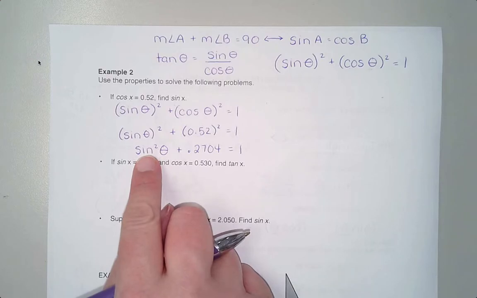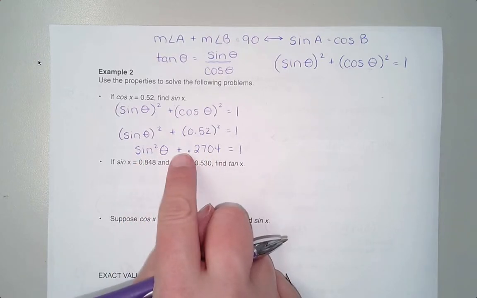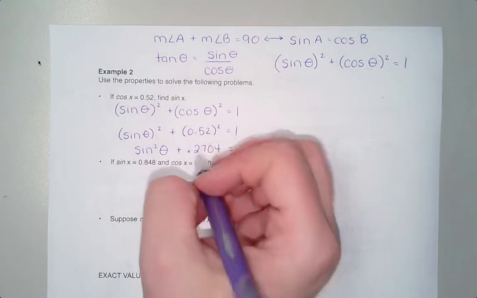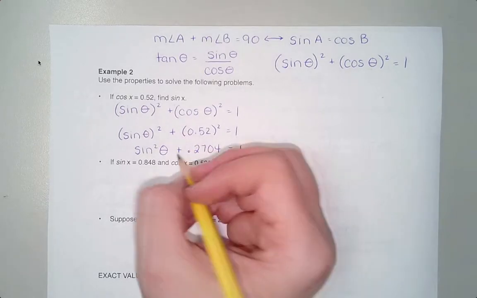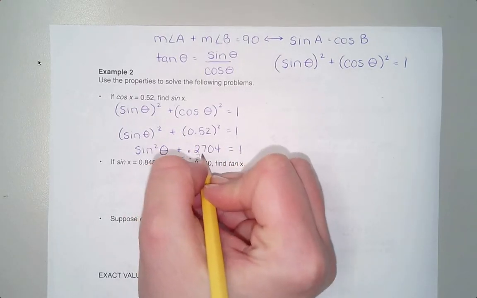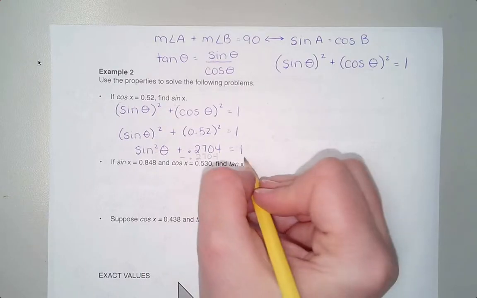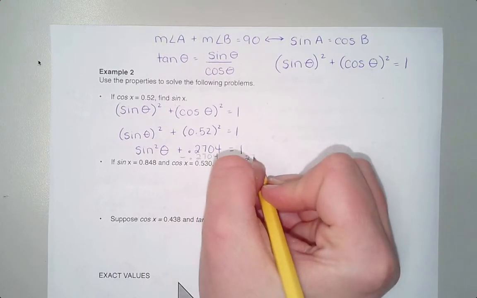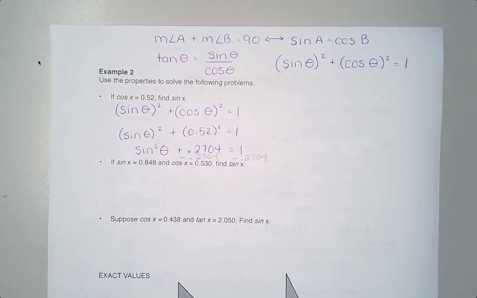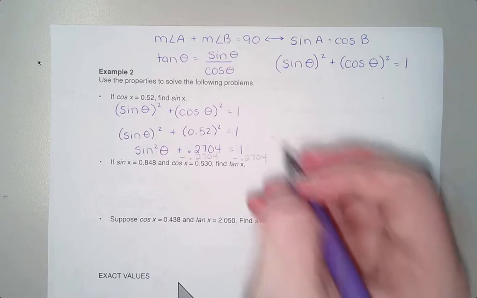We're trying to get sine by itself. So to get rid of this 0.2704, I'm going to subtract it from both sides. And I end up with 0.7296.